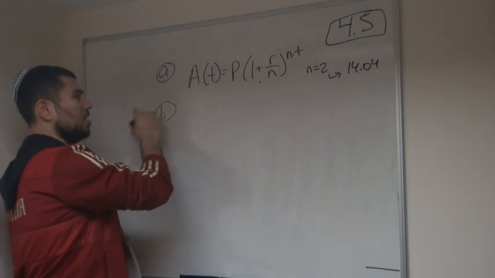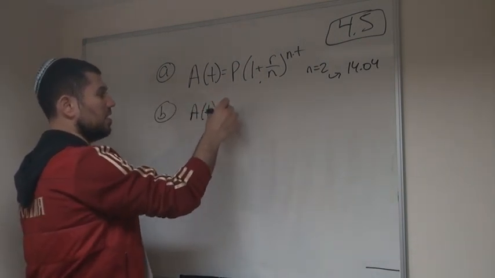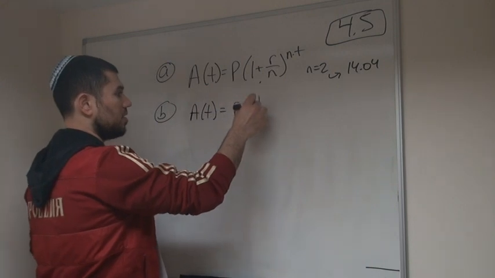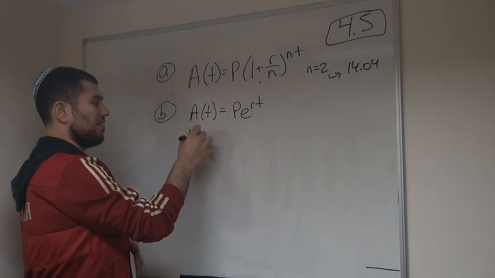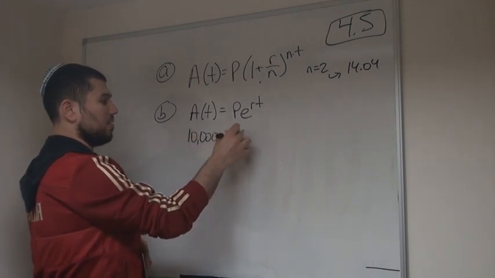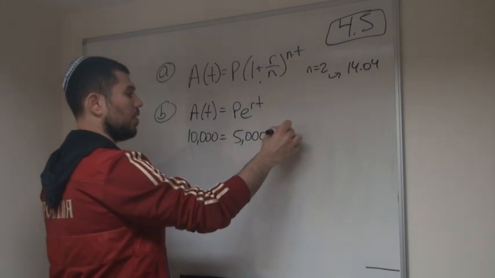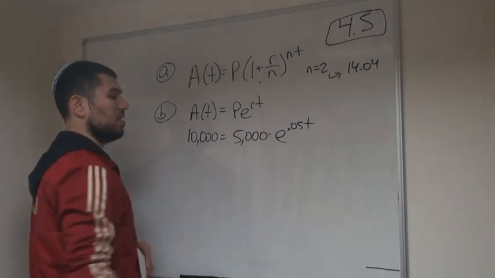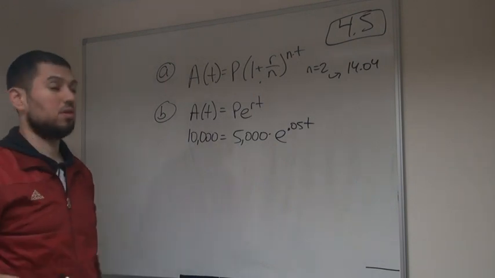What happens when I compound continuously? I use A of t is P e to the r t. So again, I need the 5,000 to become 10,000. 10,000 equals 5,000 times e to the 0.05t. The rate is 0.05, the time is unknown.